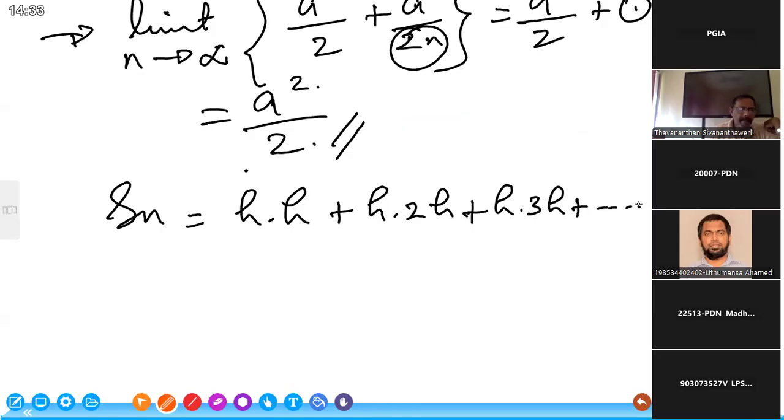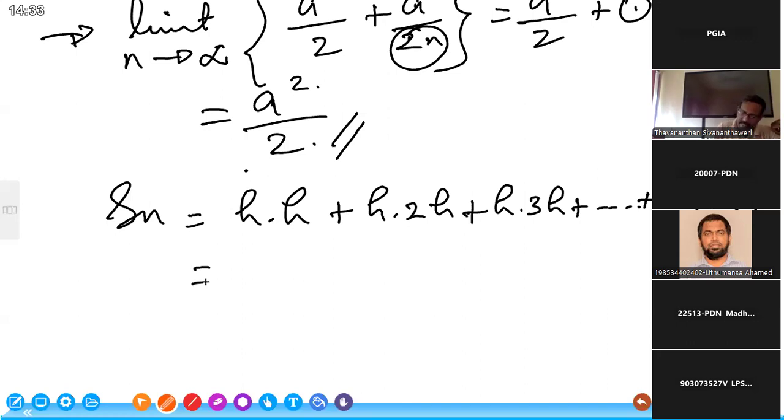Right? So that is equal. I mean, at the end, it is coming as h into n minus 1 h. The last rectangle will be n minus 1. One rectangle less than the total rectangles. Right?